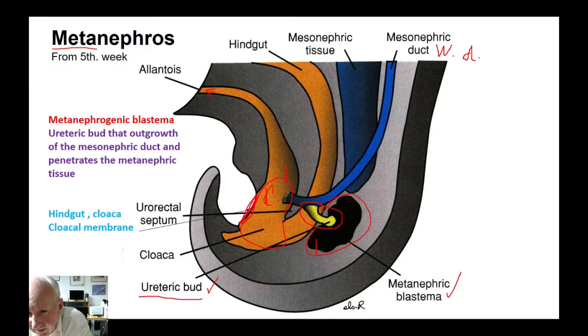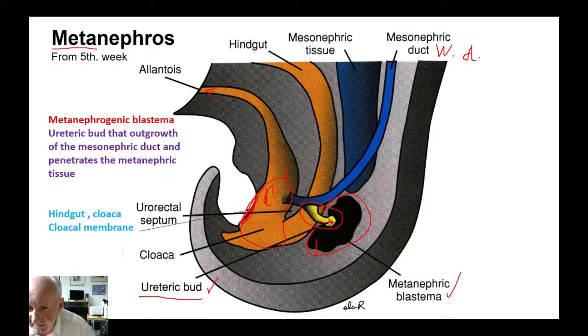And it's growing out from the Wolffian duct and penetrates the metanephrogenic blastema. Grows inside, in the metanephrogenic blastema. So this is a very second important structure to develop the tubules in the kidney.